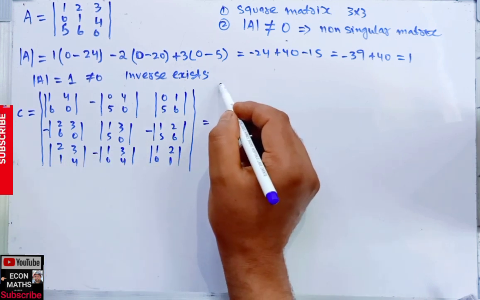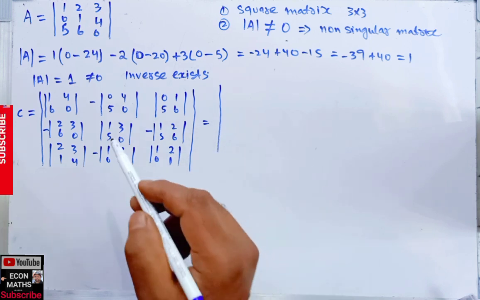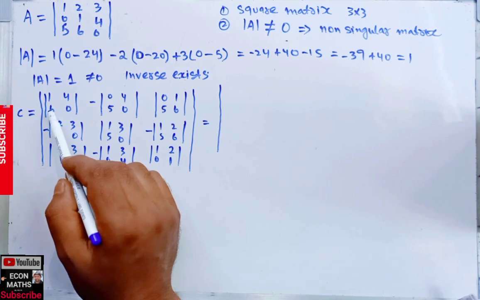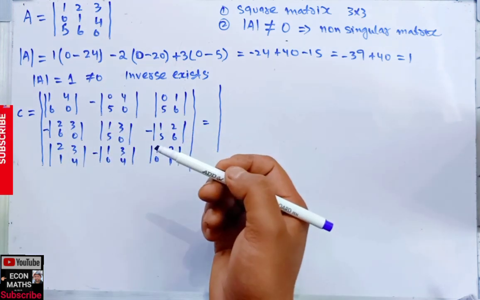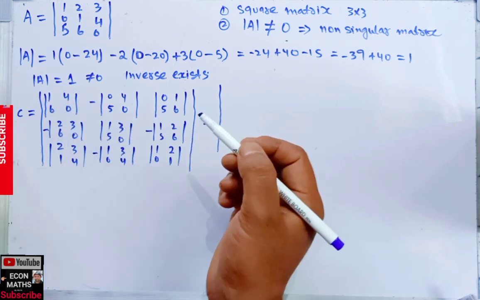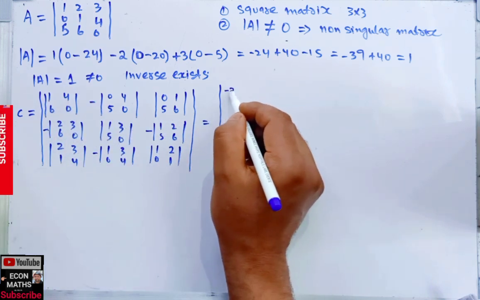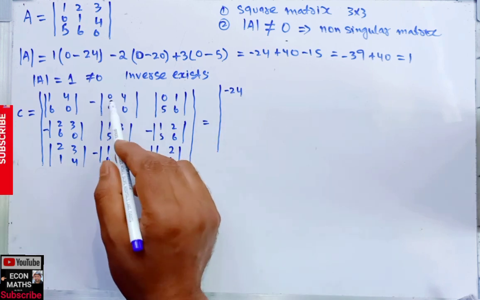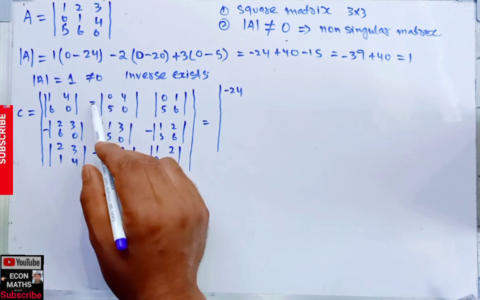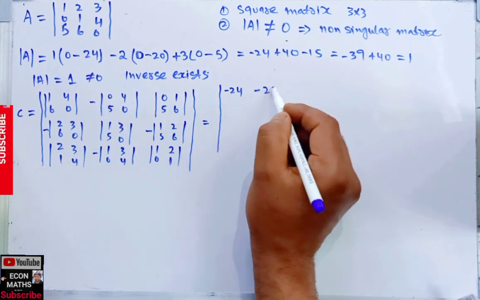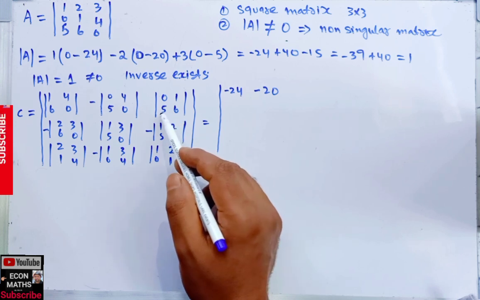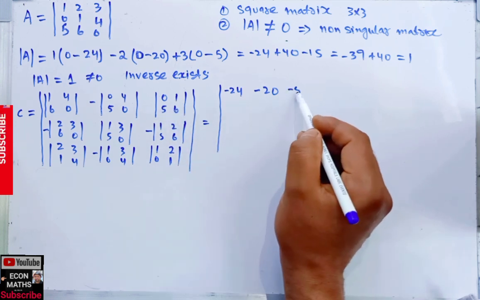Now multiplying this, 1 times 0 is 0, minus 24, so we will get here minus 24. Here 0 times 5 is 0, 5 times 4 is 20, that is minus 20, because the sign is minus. Similarly, 0 into 6 is 0, minus 5 times 1 is 5, that is minus 5.